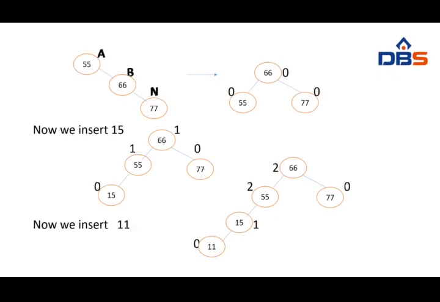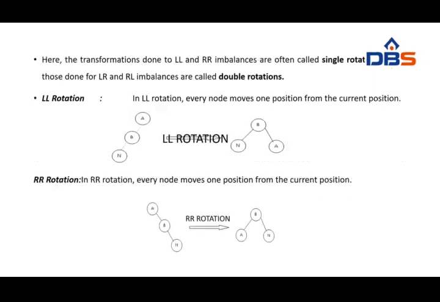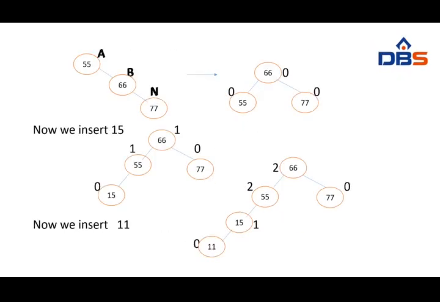See, in the right rotation, 55 is assigned A, 66 is B, and 77 is N. Here N is the root node, that is 77, B is 66 and A is 55. N's left child is B. Now B becomes the root node, left is A, right is N, that is 66, 55, 77.